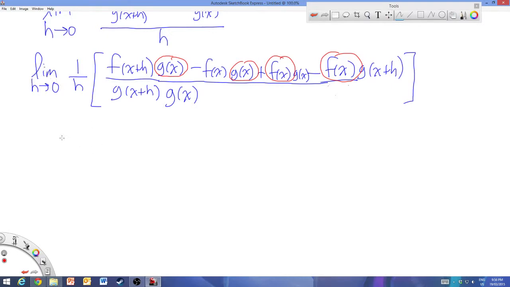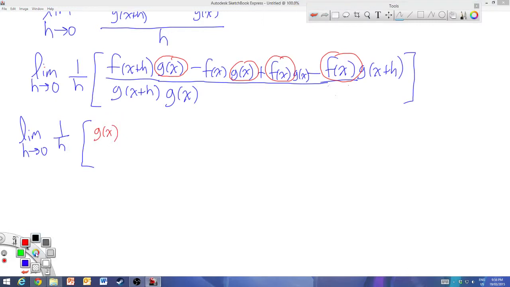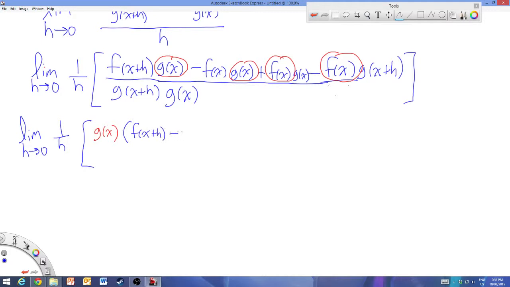Let me select blue as follows. So the limit as h goes to 0, I have 1 over h. For the first pair, we pulled out a g of x, so I'll write that in red, g of x. We are left with f of x plus h minus f of x.